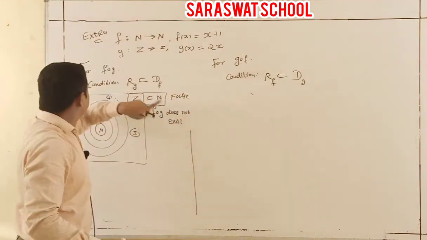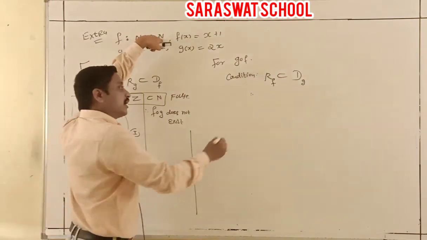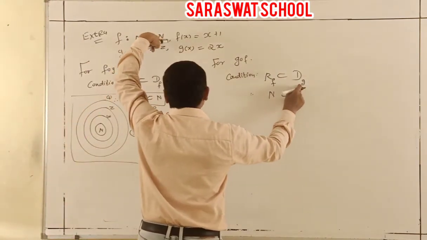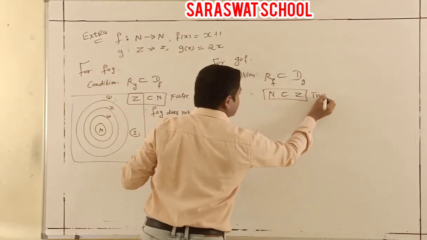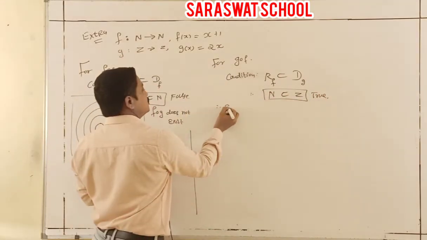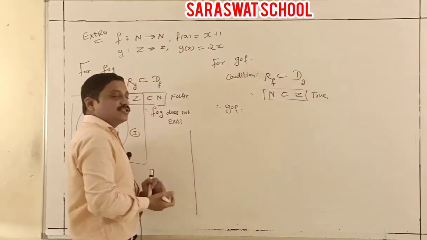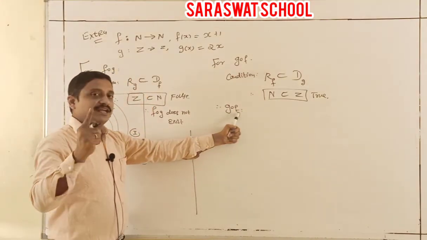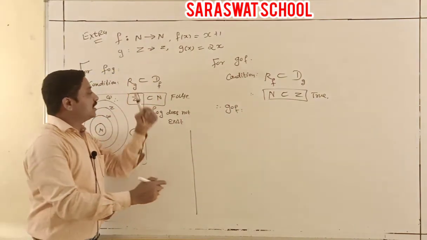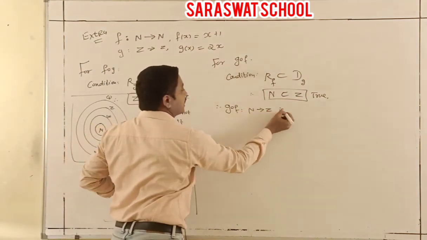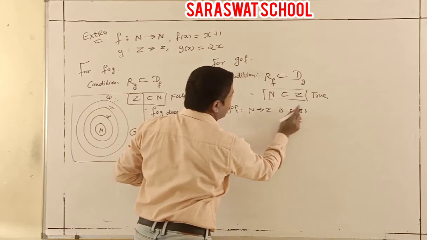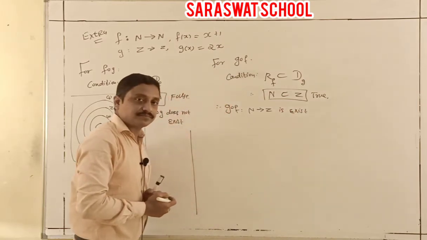What is the range of f? The range of f is N and the domain of g is Z. It is true. Yes, it is true. So g of f, in which f started and g ended: f started is N and g ended is Z, exists.